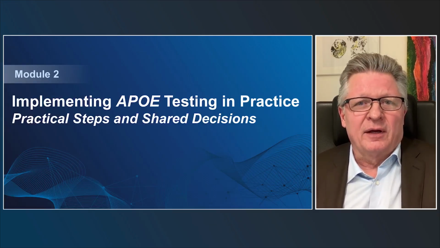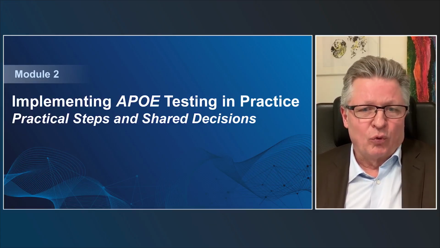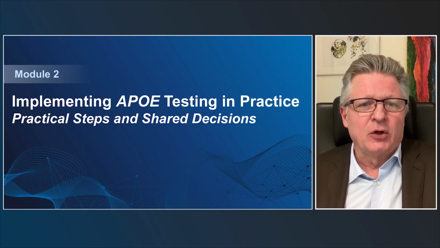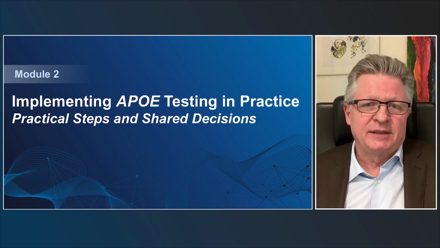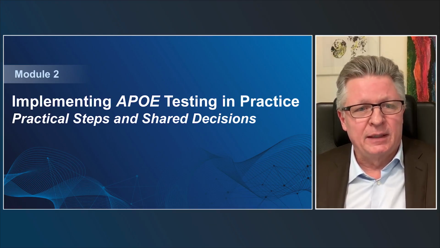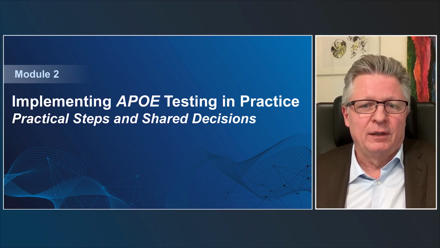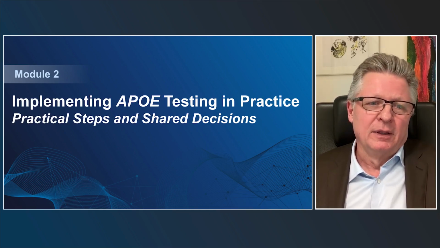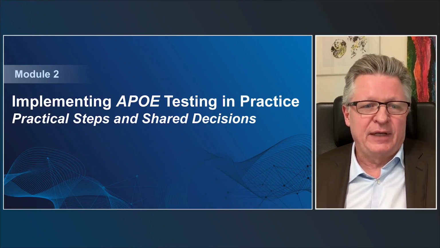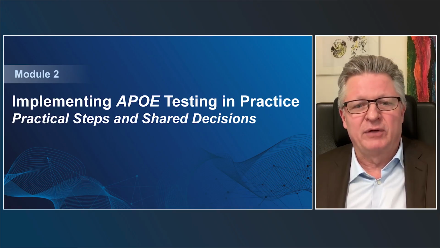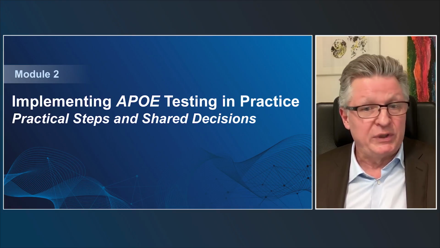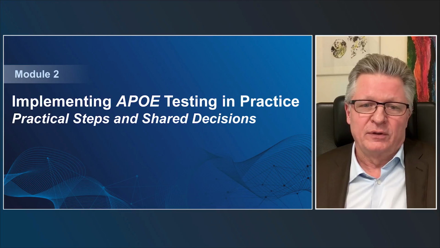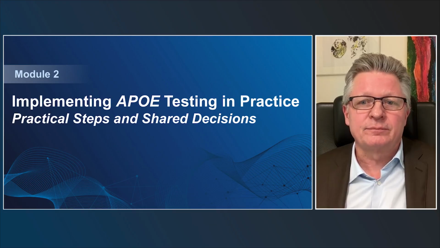And this, of course, then leads to the point that we really have to think about how do we implement APOE testing in clinical practice. And what we'd like to discuss now are basically the very practical clinical steps to facilitate the safe and effective use of APOE testing and, of course, also of the new disease-modifying treatments.